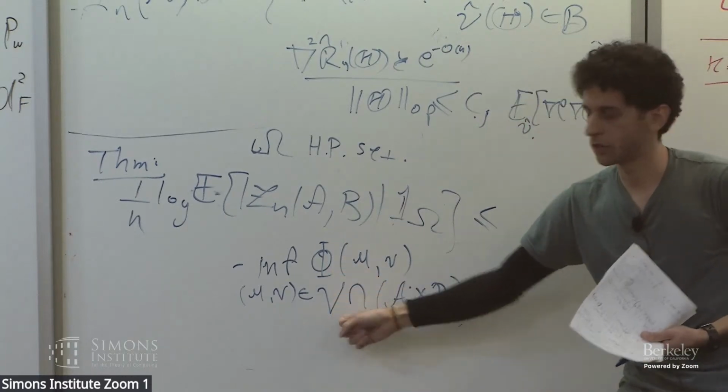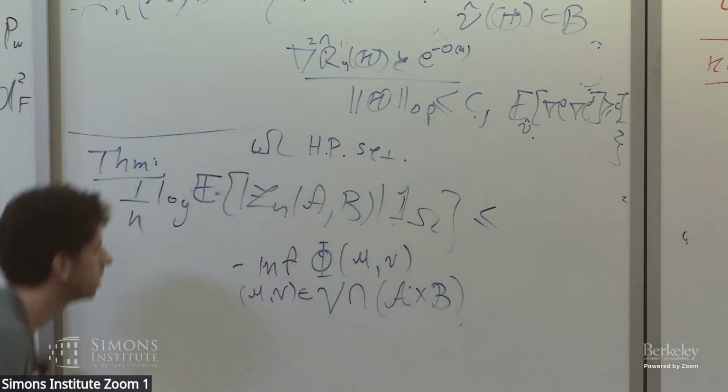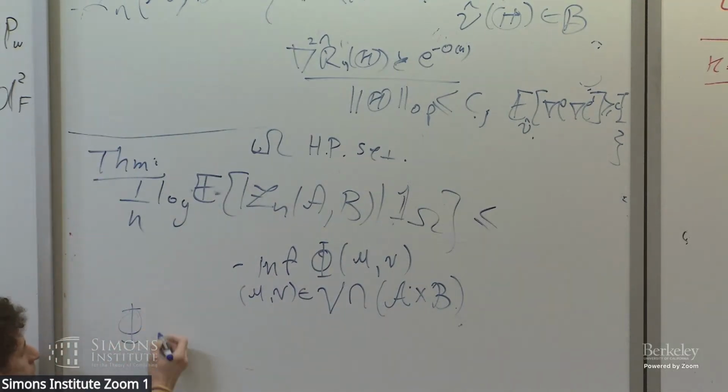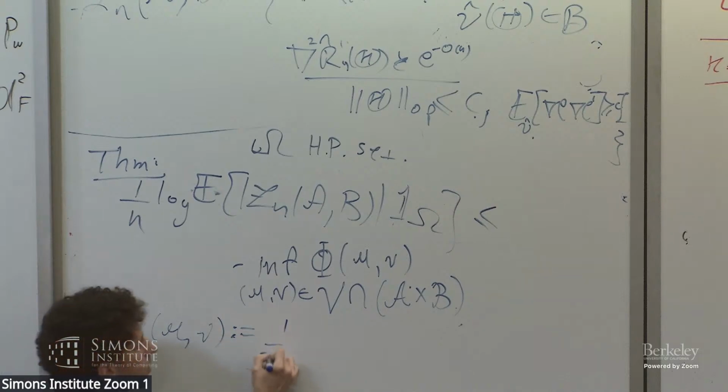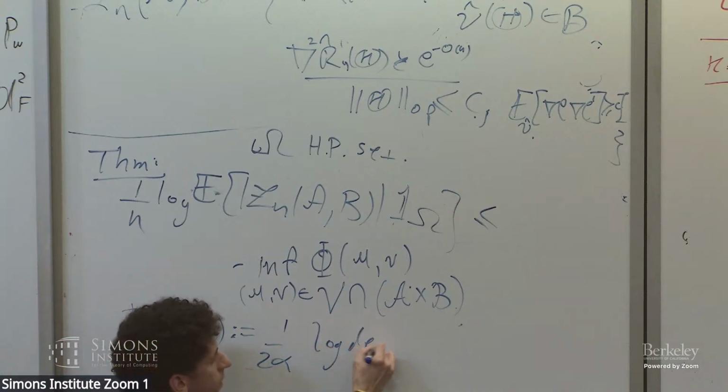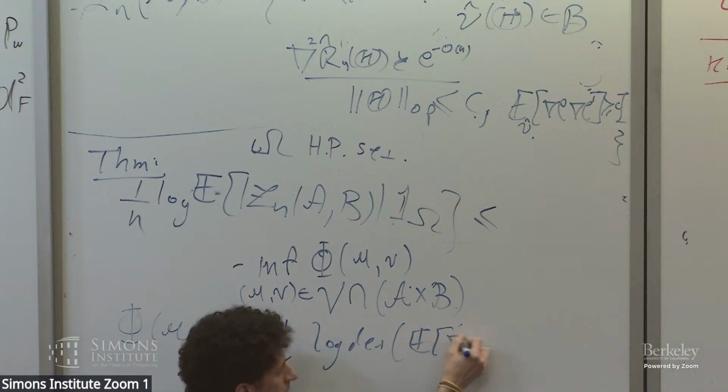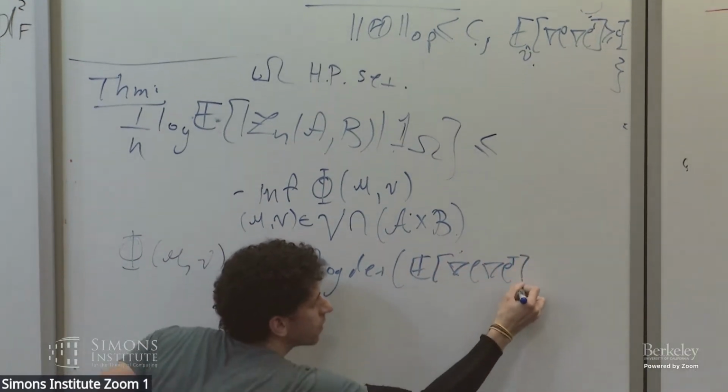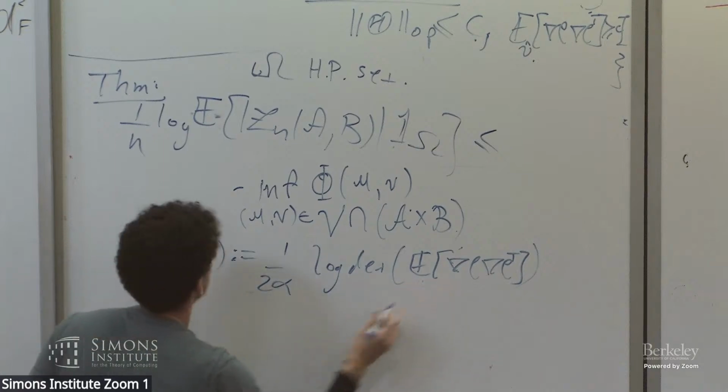Phi and nu are introduced by the theorem, so I need to tell you what they are. Phi is a function of measures, so it's a function of mu and nu.